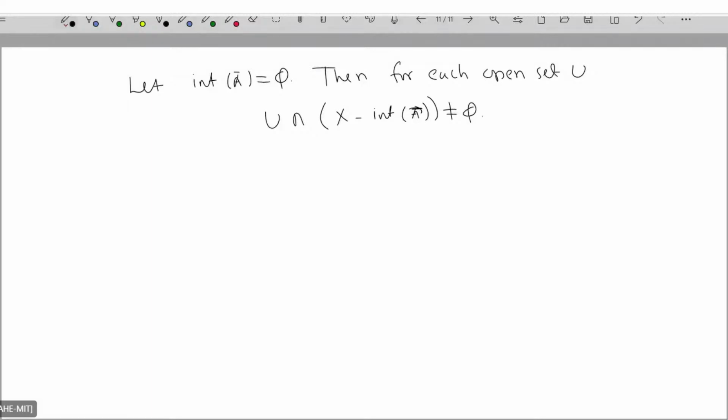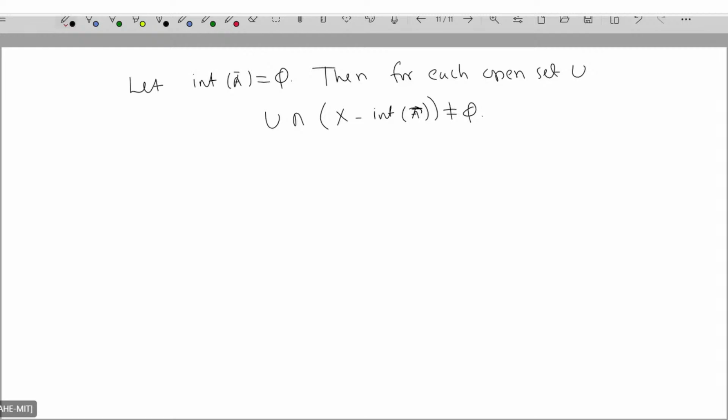X minus A. Interior is empty. So this intersection with X will be on X minus the interior of A closure.